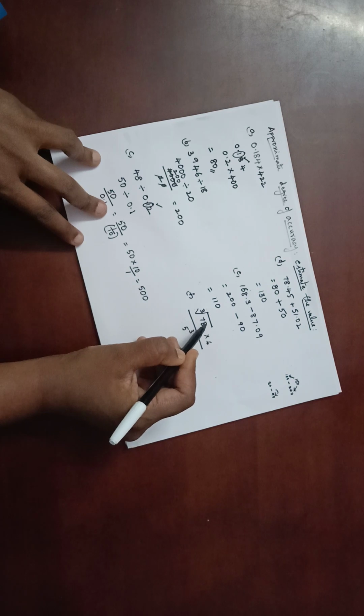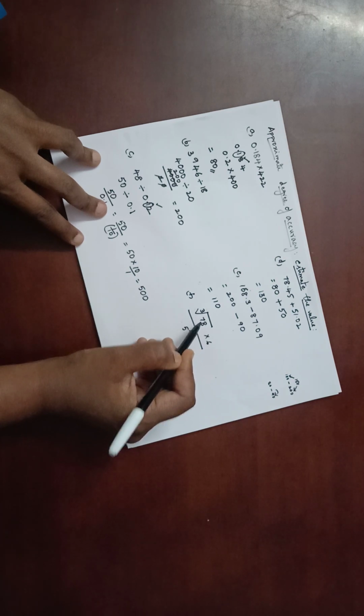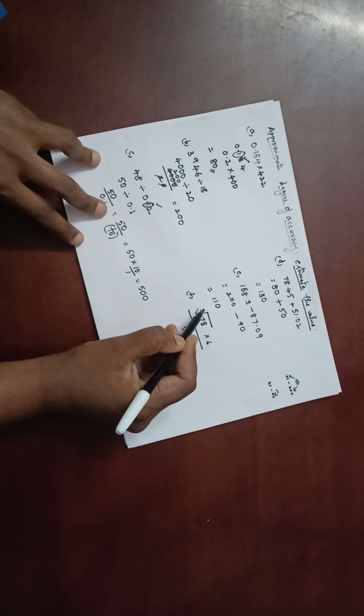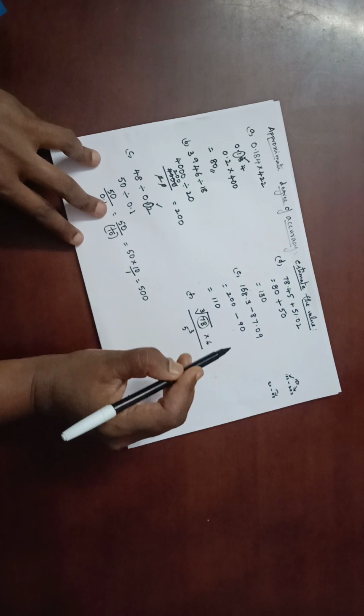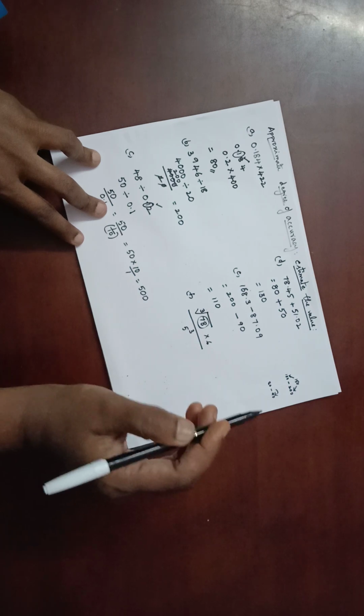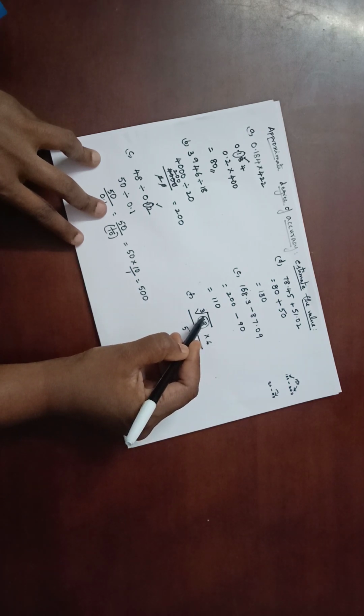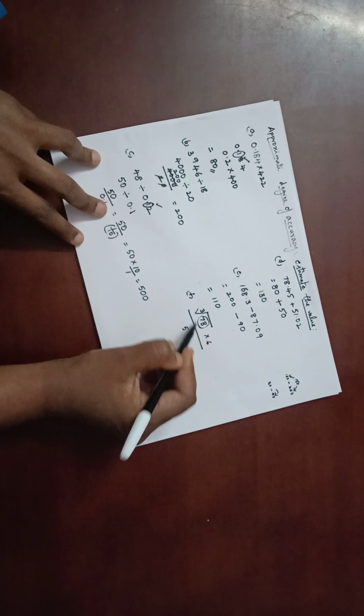First, you see the cube root number. This is 78. Since this is a cube root, whatever the integer you write here should be a cube. Then only the problem will be easy. First you write this number in terms of cubes.